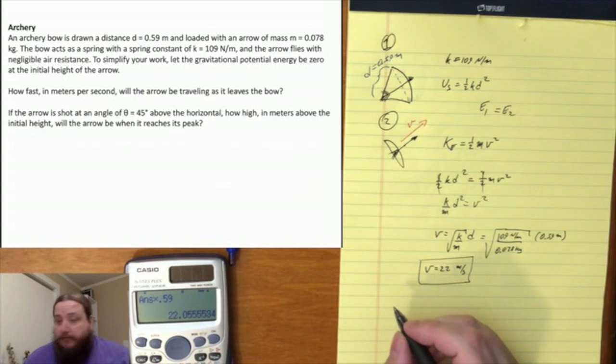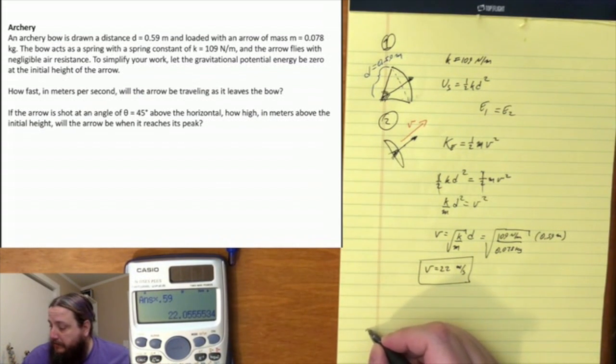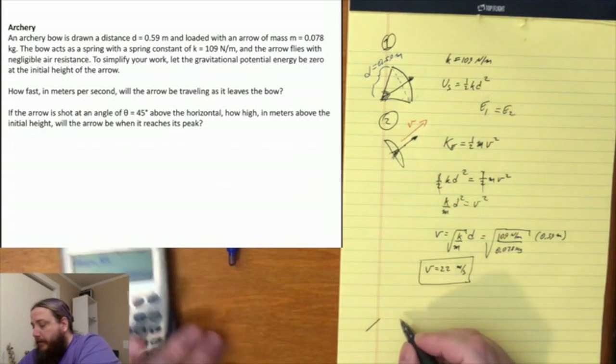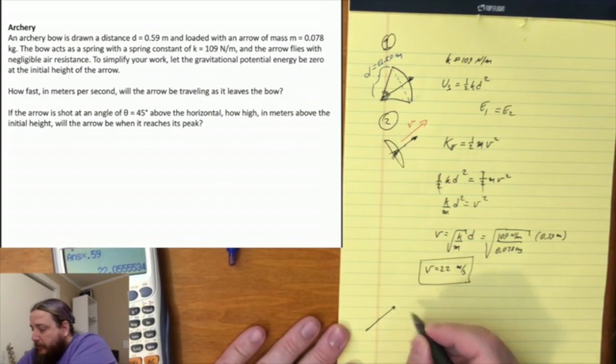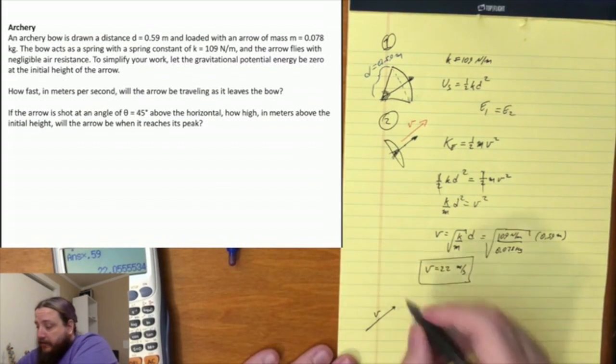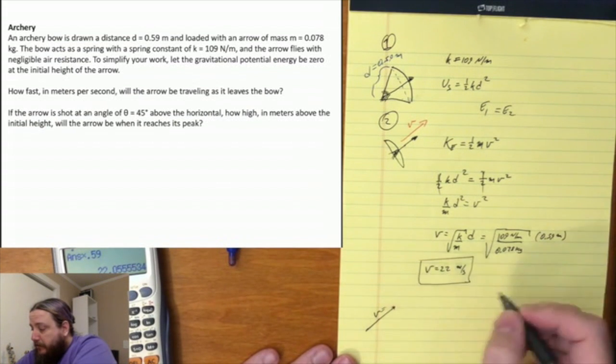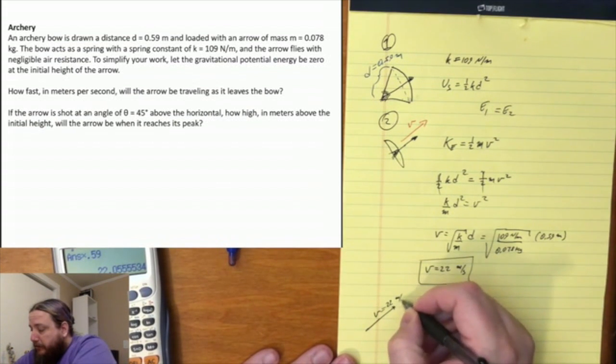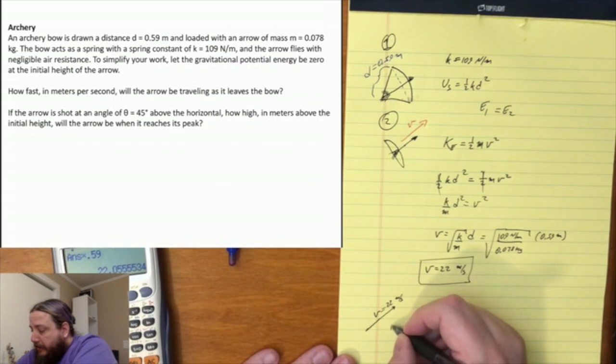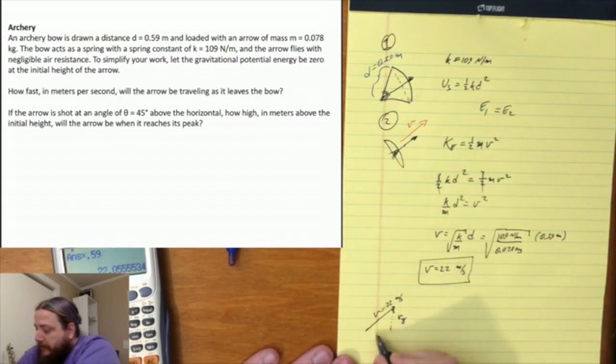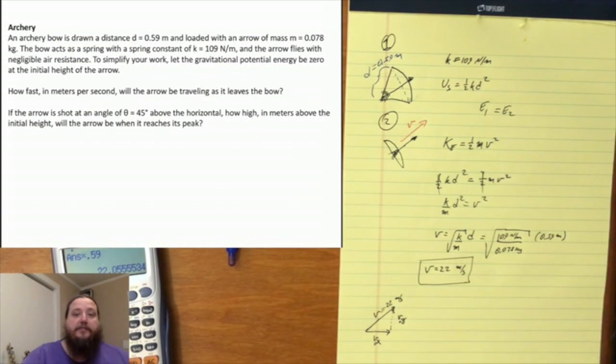If it's fired at a 45-degree angle, right, so that this is our full v of 22 meters per second, then there is a v naught y and a v naught x, if this is v naught.